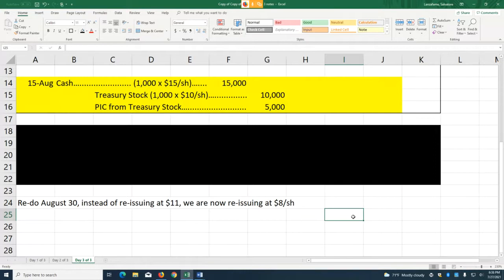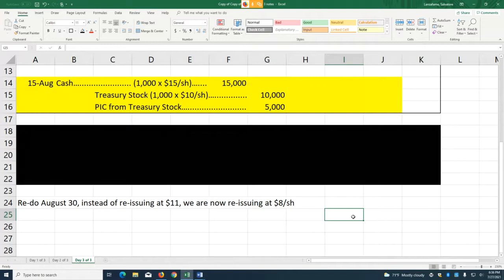Is it okay for me to ever debit pick from Treasury Stock? Sure. Like we're going to have to here because we sold it for 8 when it originally cost us 10. So I'm going to have to debit that account. The problem is I'm only allowed to debit it up to the $5,000 cushion that I created in this entry.